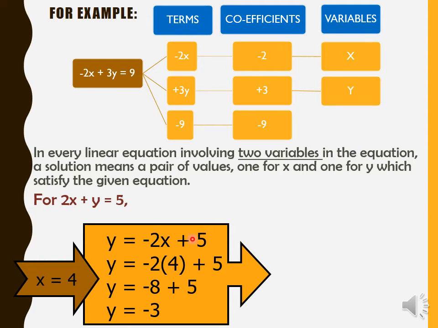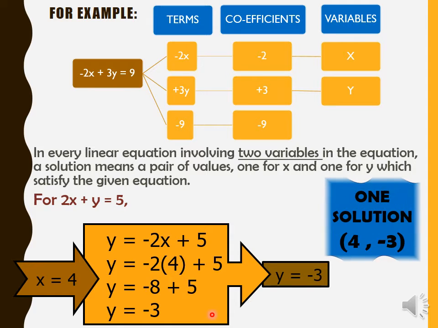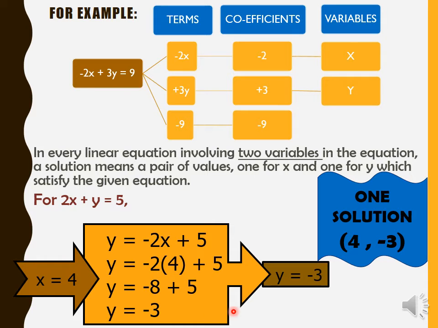We have got this from this particular equation. Now let us put the value of x as 4, and after solving it we get the final value of y as -3. So hence we can say the pair of values, or the ordered pair, which satisfies the linear equation in two variables is (4, -3), 4 being the x coordinate and -3 being the y coordinate.